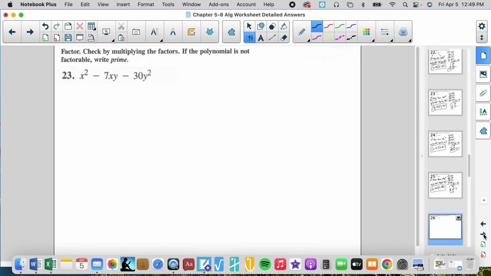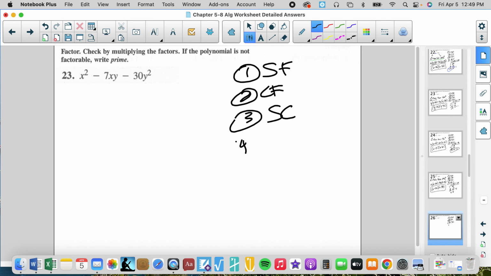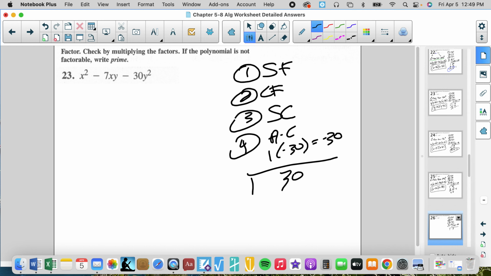We still got a lot to go. Okay, here we go. Come on, stay focused. Standard form, yes. Common factor, no. Special case, no. A times C, 1 times negative 30. Factors of 30 are 1 and 30, 2 and 15, 3 and 10, 5 and 6. Signs are different.